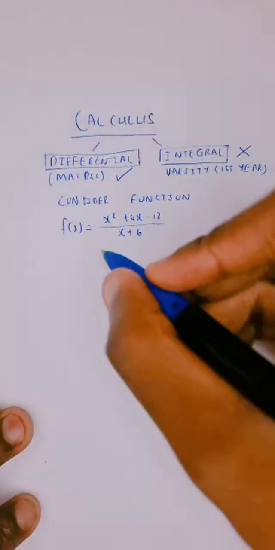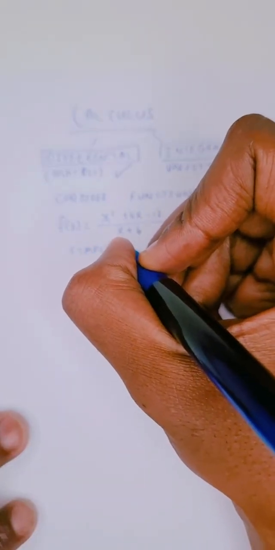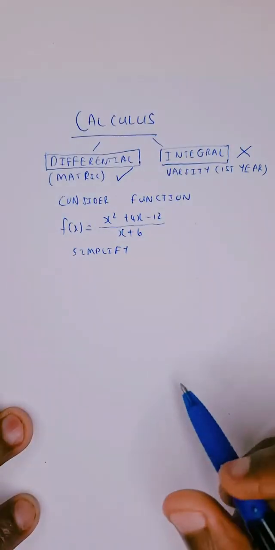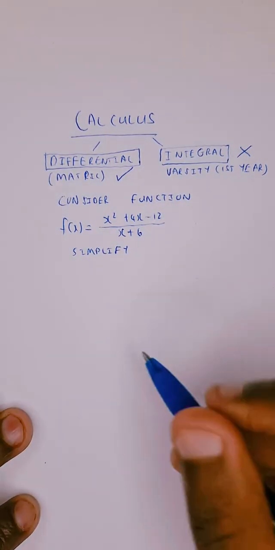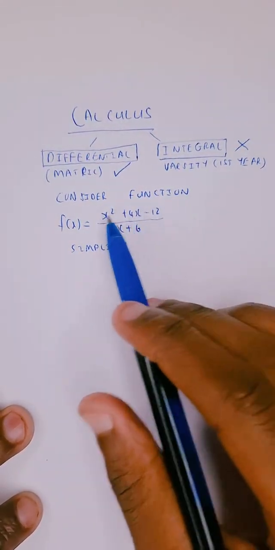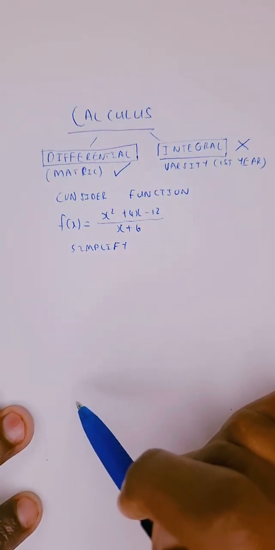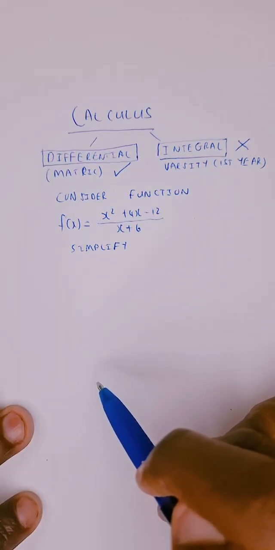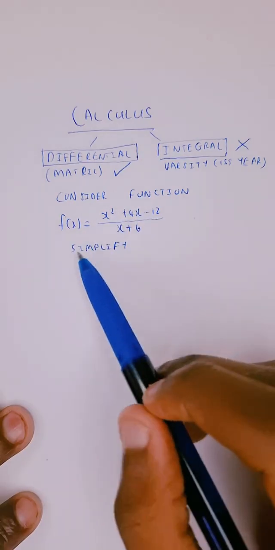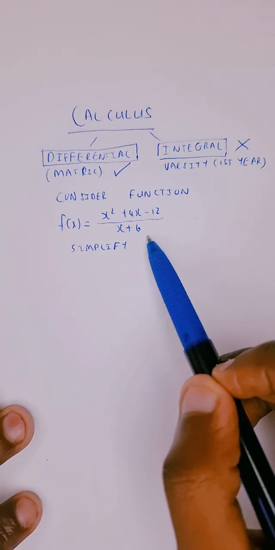Now let us simplify this function, which means, in other words, we are going to simplify this expression. If we simplify x squared plus 4x minus 12 over x plus 6, what do we get? Of course, this is a division of a trinomial over a binomial.